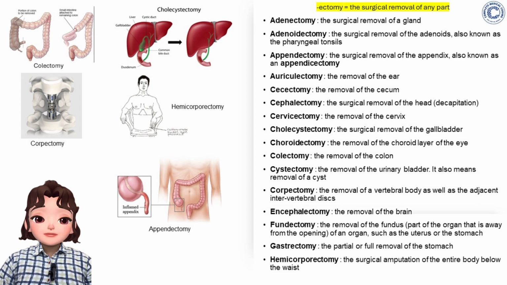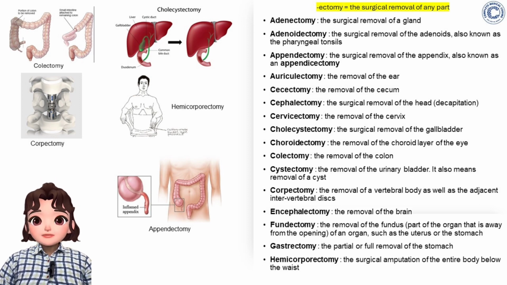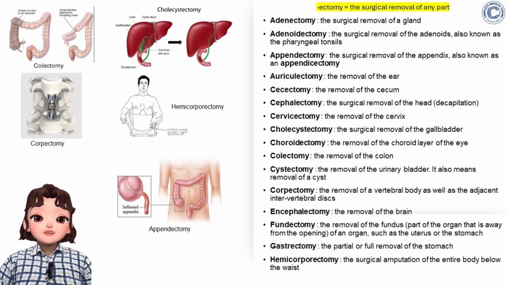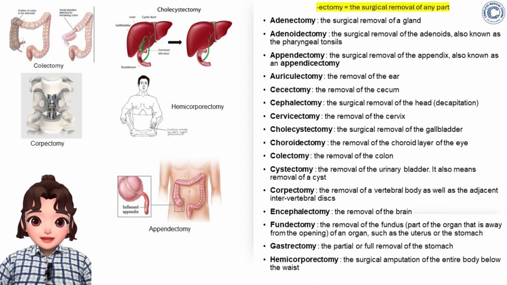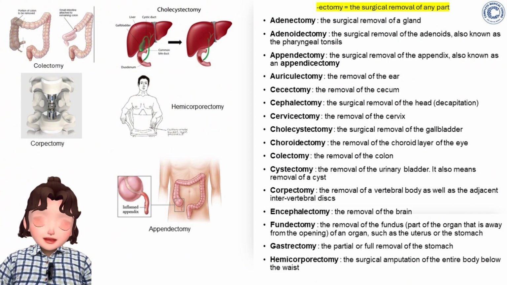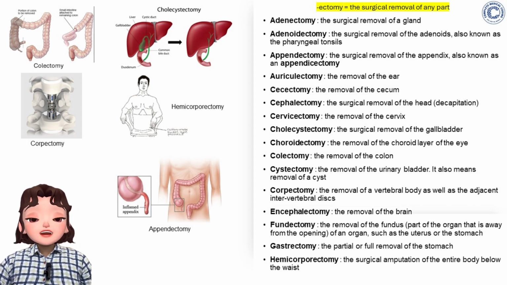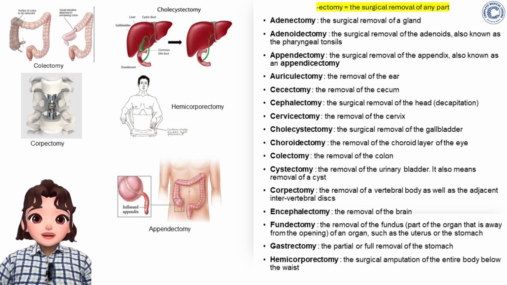For example, pancreatectomy means removal of the pancreas, because ectomy is the ending word. So you can identify it from the word itself. Duodenectomy means removal of the duodenum. Like that, a few words you can easily get from the word itself.